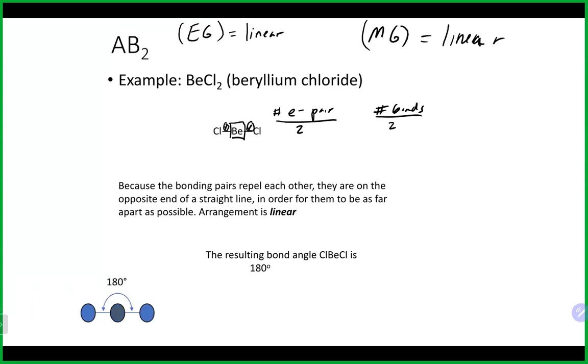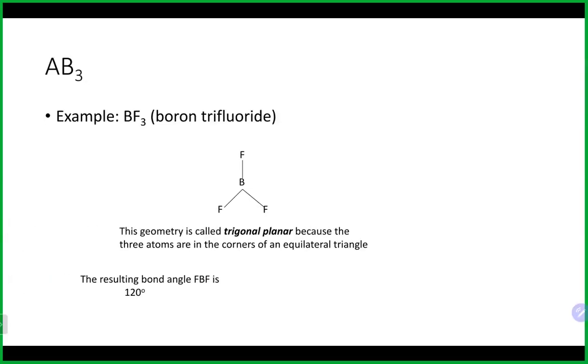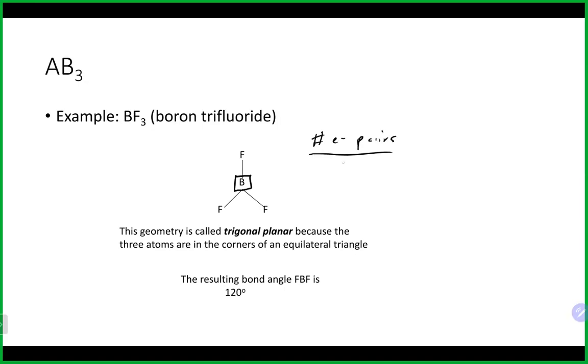The next type of geometry is a situation where we have one thing attached there and three others. Again, if we look at the central atom here in BF3, also an incomplete octet, the number of electron pairs in this case is 1, 2, and 3 electron pairs.